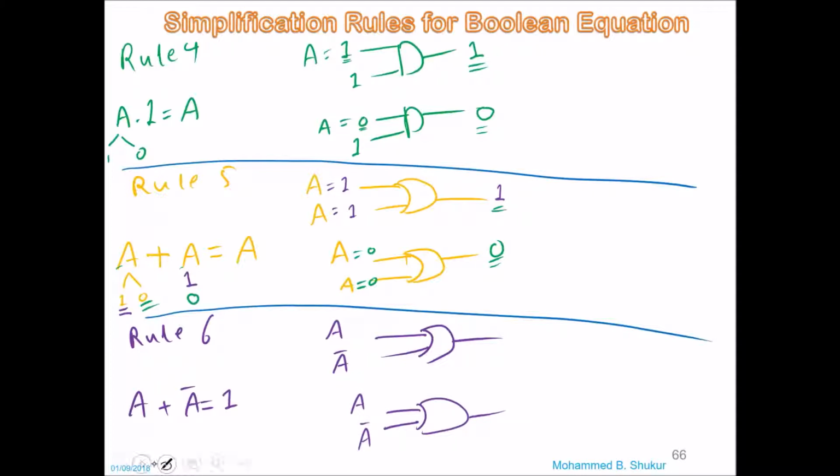So let's say the first case A equal to 0. So A bar equal to 1. So here we have 0 or 1. The output equal to 1. And when we have A equal to 1, so A bar equal to 0, and the output 1 or 0, the output equal to 1. So the output always equal to 1. Okay, so A or A bar equal 1.